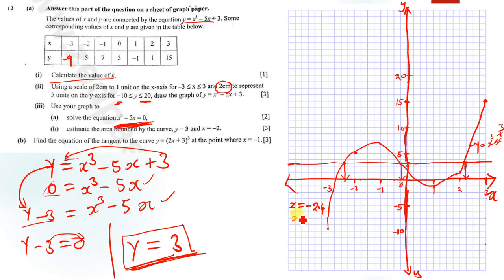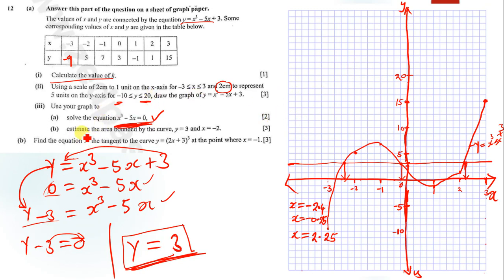So the other x value is negative 0.25. So these are just estimates. You are not getting the accurate answers. But if you're using a graph paper, you'll be more accurate than me. And then this other part is 2.25 as well. So we have another x value as 2.25. So we have found this one as well. So we've managed to get 2 marks.